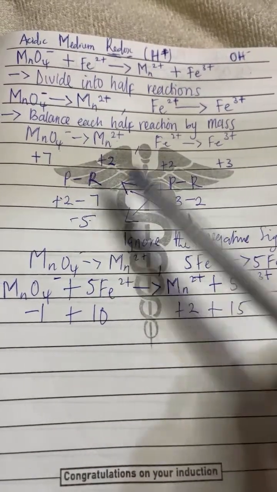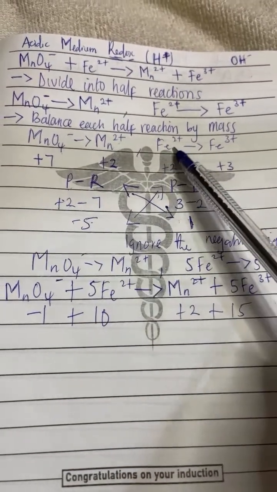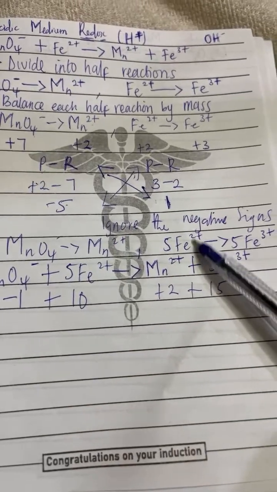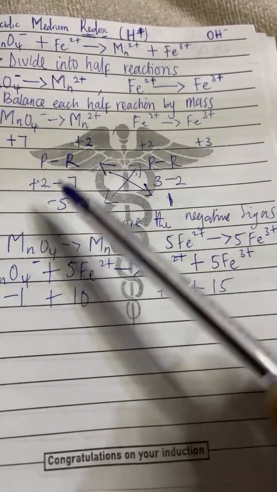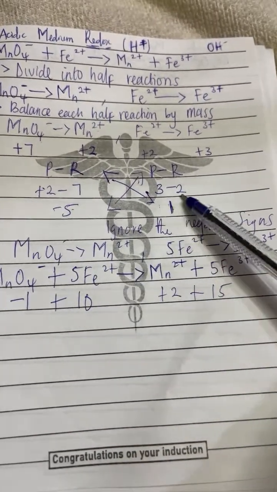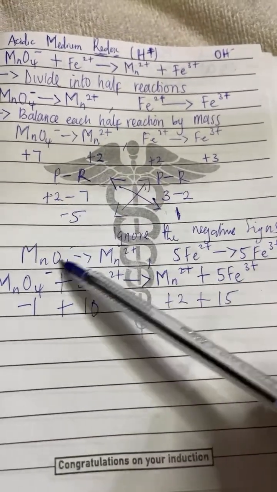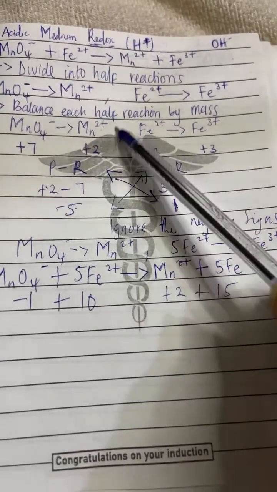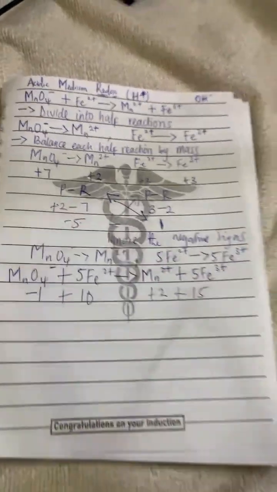So that was how we got the 5Fe: 5 times Fe2 plus, 5Fe2 plus, and 5 times Fe3 plus, 5Fe3 plus. That's how I got it. I used 1 to multiply MnO4 minus and 1 to multiply Mn2 plus, and that's why they remain the same. Then I brought the two half reactions together.